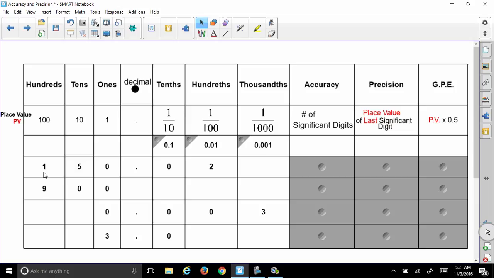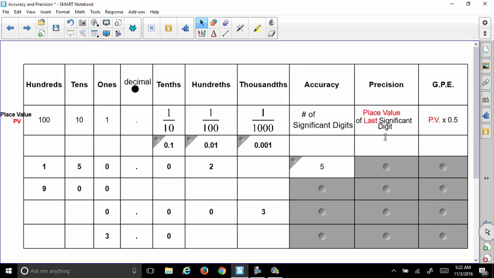So if you remember significant values, you look at the number of digits in there and count them up. If it has a decimal point, you can count those values too. So 1, 2, 3, 4, 5. So that would be 5 significant digits, which would be the number for the accuracy as well. So 5 would be the number of significant digits.